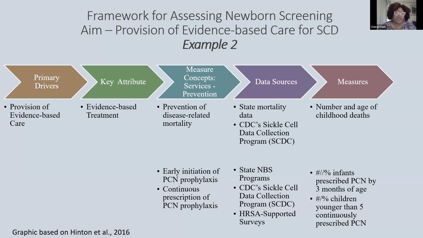And so how do we find that? Through that we prevented, or there's a reduction in, mortality through our state mortality data, also probably through any kind of program that you are aligned with, the sickle cell program being part of the CDC. And then also maybe some surveys, and they say HRSA supported surveys. I would think that would be the National Survey of Children's Health. They definitely have measures in there that are tracking all kinds of conditions for children, and you can also have national measures and also state-specific measures within that survey.